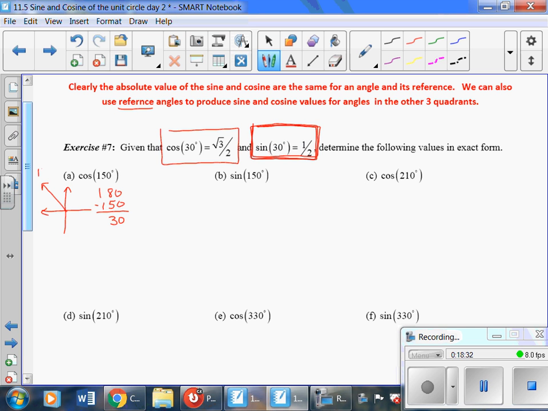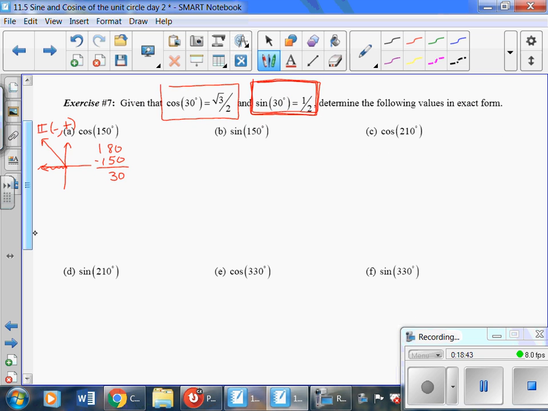But I'm in the second quadrant, where my x is negative and my y is positive, which means my cosine is negative and my sine is positive. So the cosine of 150 is equal to the negative cosine of 30. And we know the cosine of 30 is radical 3 over 2, so it's negative radical 3 over 2.